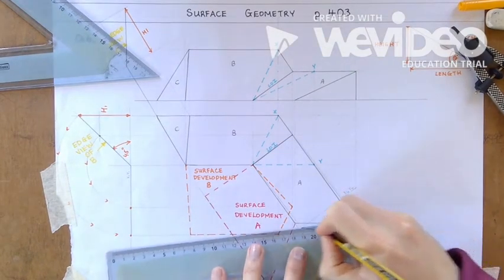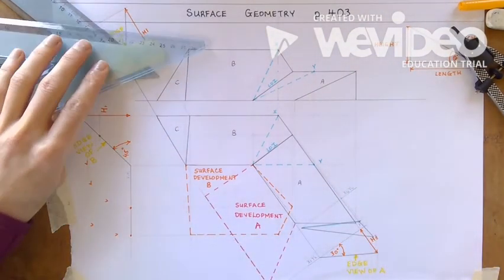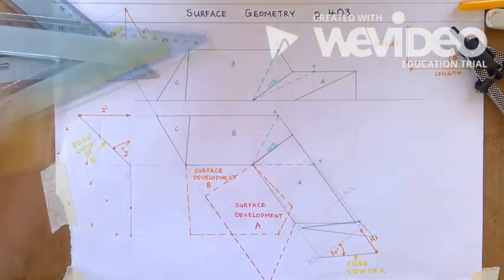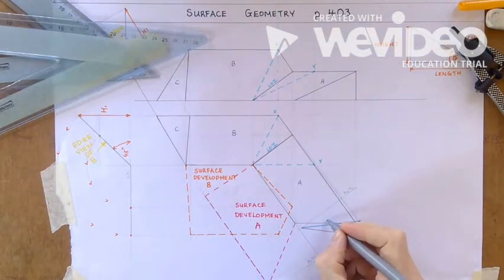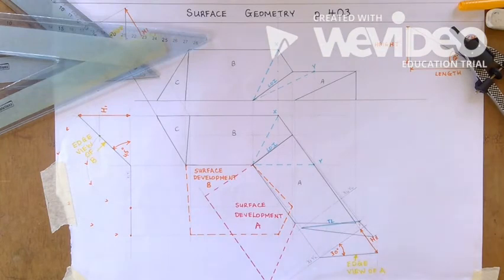So point Y now is very close to the line of intersection. So that now is true length of my line of intersection.